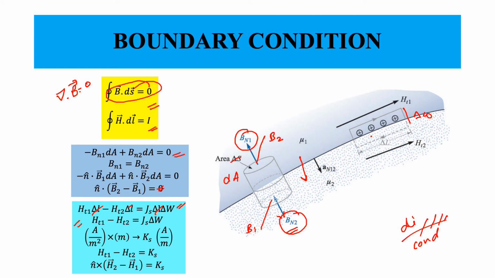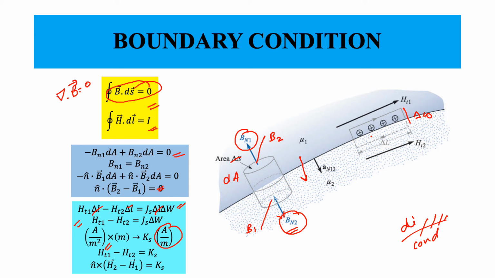Js is ampere per meter square, which is the surface current density, multiplied by delta W, which is in meters. So the net result is that you get a sheet current density, or current sheet, which is measured in ampere per meter.